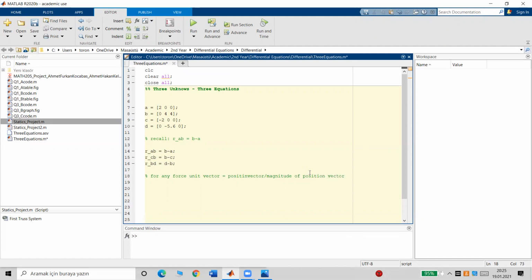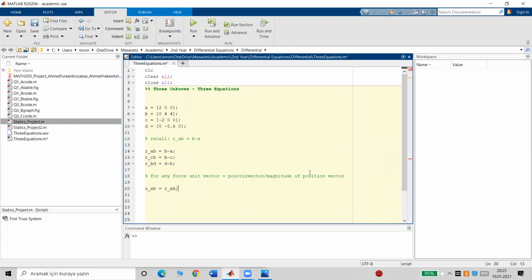So basically, we need to divide position vectors by their magnitude. So let's start. Unit vector AB is equal to RAB over, we need to find its magnitude.